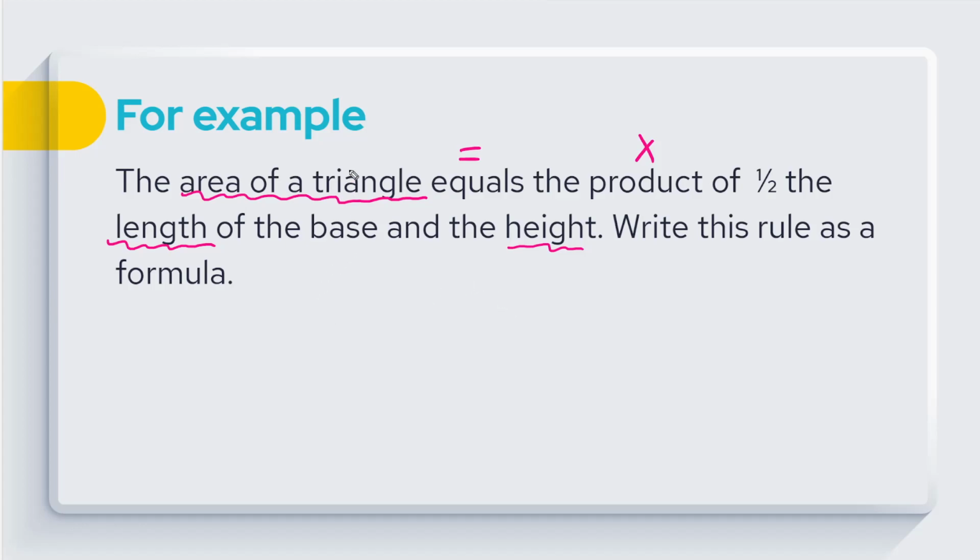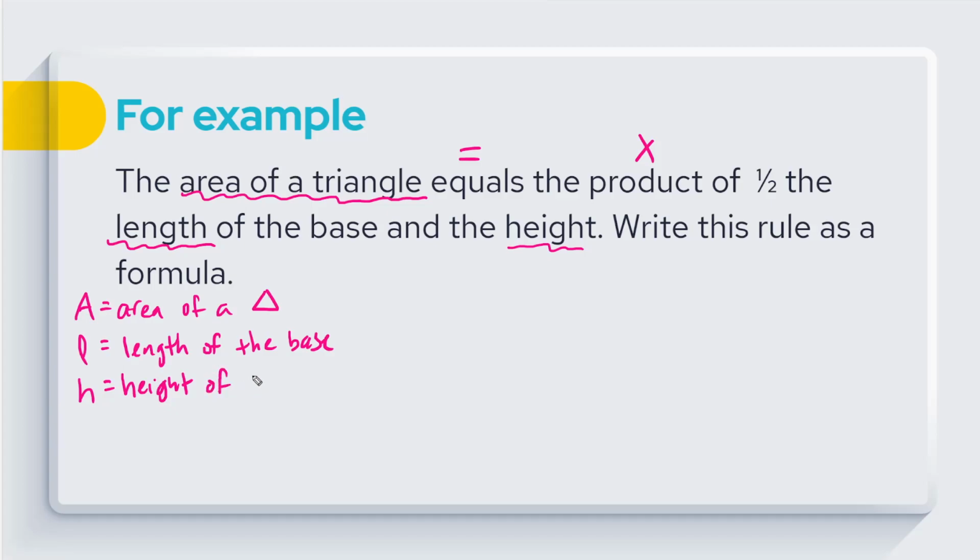Okay. So we can start plugging in some variables here. Let's start with A. This is the area of a triangle. We'll use L for length of the base, and H for height of the triangle.